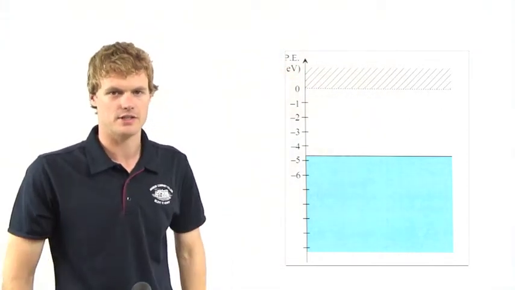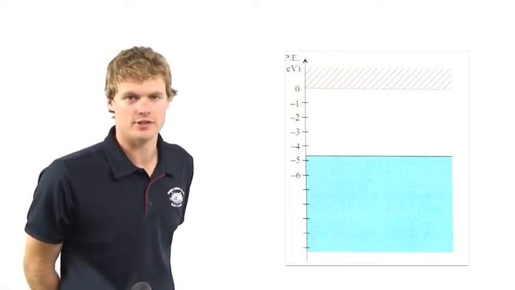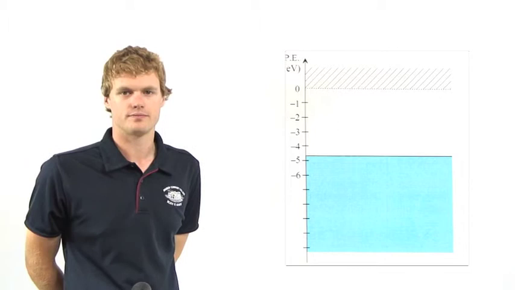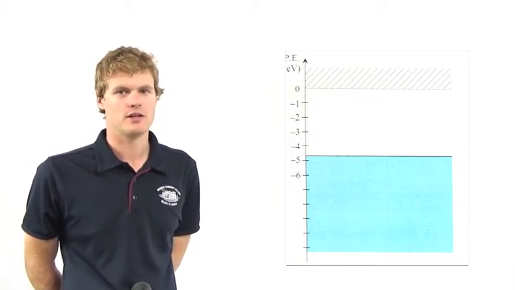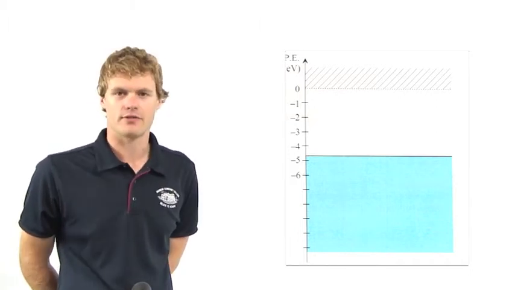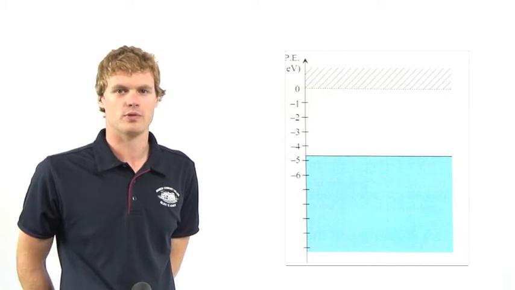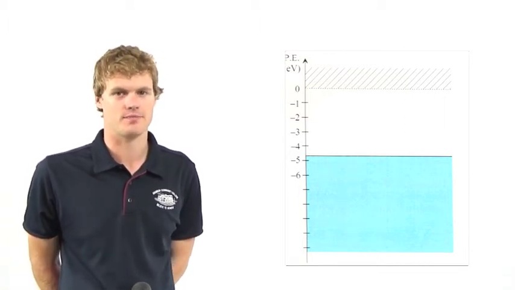So it has to go past the 0. It's got negative 4.7 when we start, our photon has 6, so we're going to have 1.3 electron volts left over. So the electron emitted from the atom is going to have 1.3 electron volts. This is how much kinetic energy our electron has.